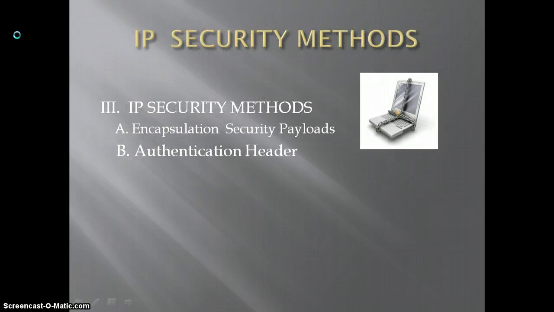In order to prevent and decrease the threats to IP security, two security methods have been implemented. The first of the two methods is encapsulating security payload. Services such as integrity, confidentiality, and authentication are provided within this method. The ESP encrypts layers 4, 5, 6, and 7, and the payload.